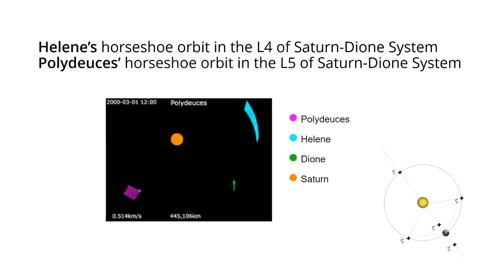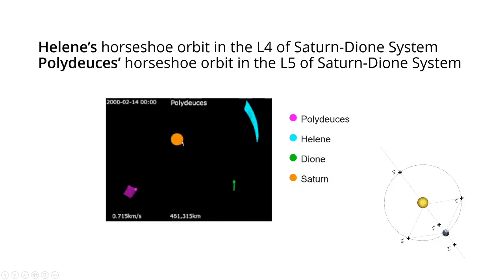This is another example, because Saturn is so big and it has so many moons. This is a bit different. Now this is a three-body system involving Saturn and its bigger moon called Dione. I don't know, probably Dione.